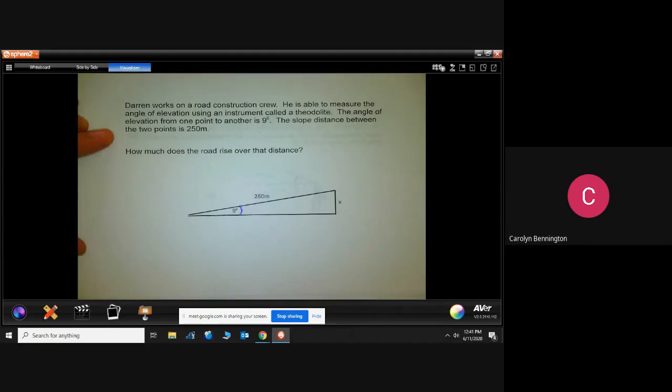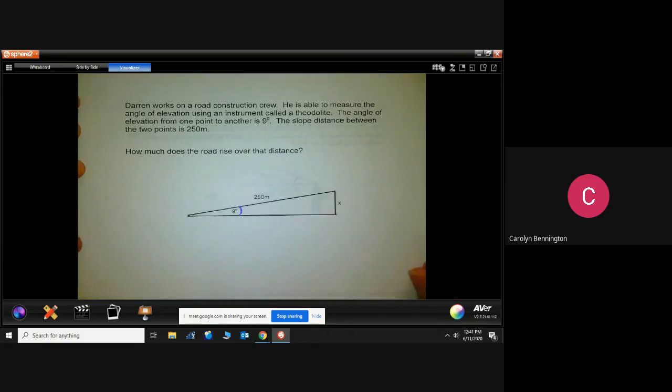And then the slope distance is going to be the slanted part of this road. So the slanted part of the road is 250 meters. The question is asking how much does the road rise over the distance? So this is what we're looking for here. How much is the road rising from 0 degrees up to the top of the 9-degree angle?